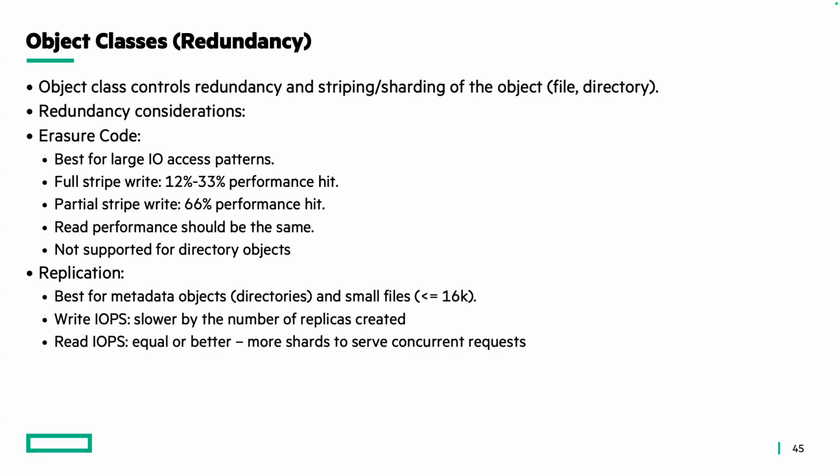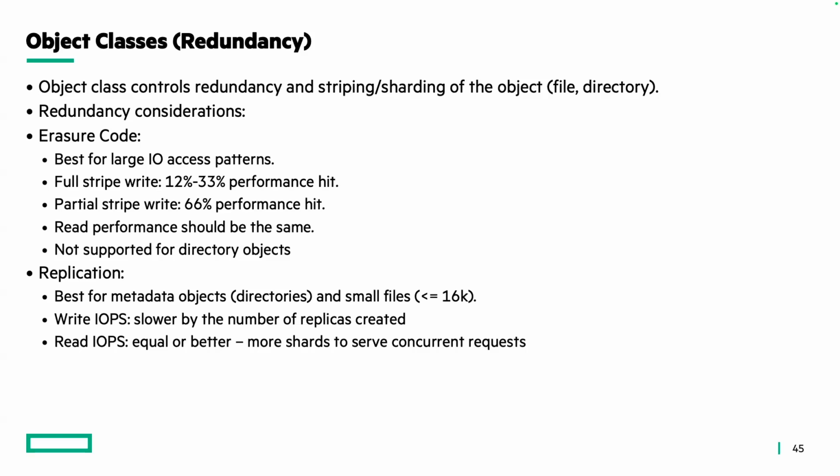So for that, we have erasure coding, and the performance hit depends on how you access or write your data. For read, when you are reading an erasure coded file, it's the same performance whether you're using redundancy or no redundancy. Read is the same. But for write, you will take a 12 to 33% performance hit compared to the peak bandwidth of the system when using no redundancy at all.